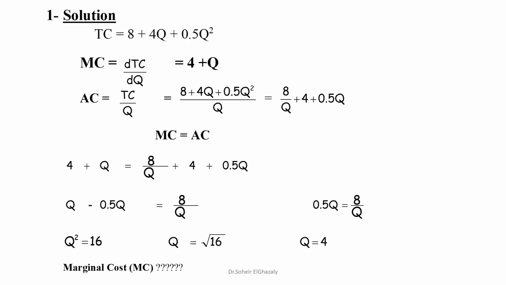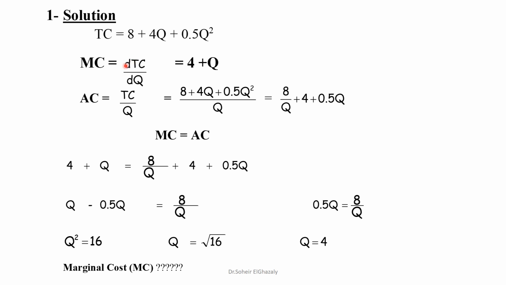Let's move to the next slide to answer it. As simple as that, we're going to write total cost equals 8 plus whatever. And marginal cost equals the first derivative of total cost.